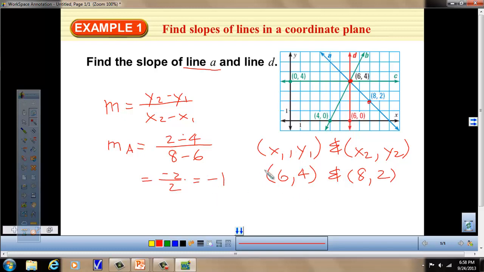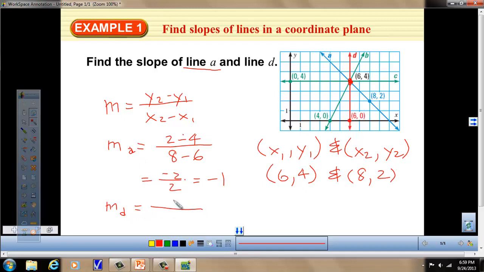For line D, if we look at the picture here, we've got a point at 6, 0 and a point at 6, 4. If we do the slope here, and I'm sorry, it should be a lowercase a here, and this should be a lowercase d.